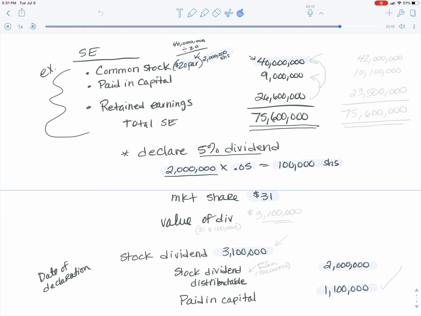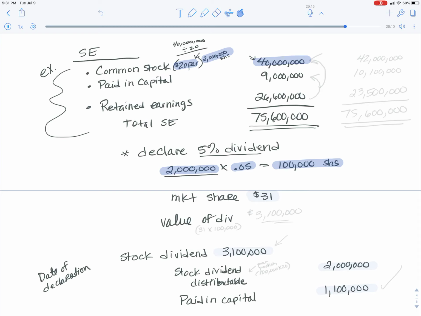So long as you have 2 of these 3 pieces of information, you could figure out the third if it were missing. So here we know we have 2 million shares, and 5% of all the shares outstanding is 100,000 shares. So we're essentially going to give out 100,000 more shares to our existing stockholders.